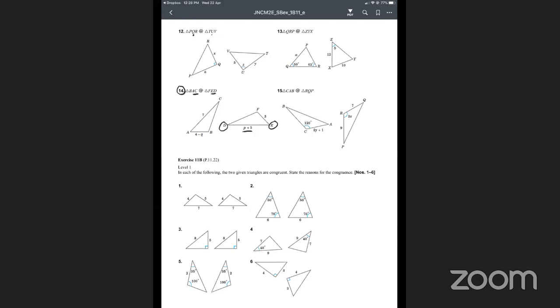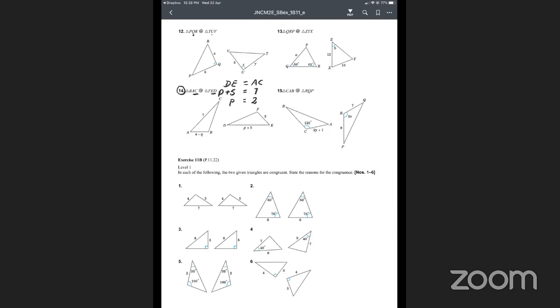And therefore, we first need to write down DE equals AC. And then DE is P plus 5. And then equals 7. Okay, therefore P plus 5 equals 7. P is 2.